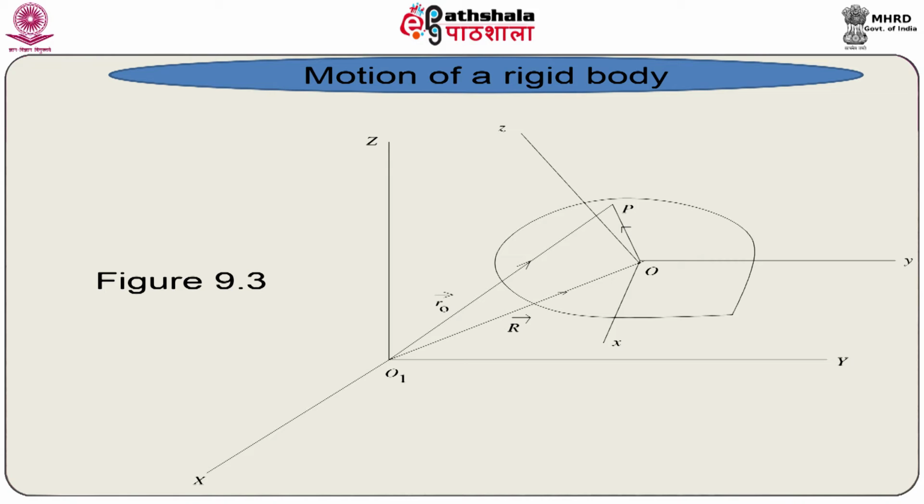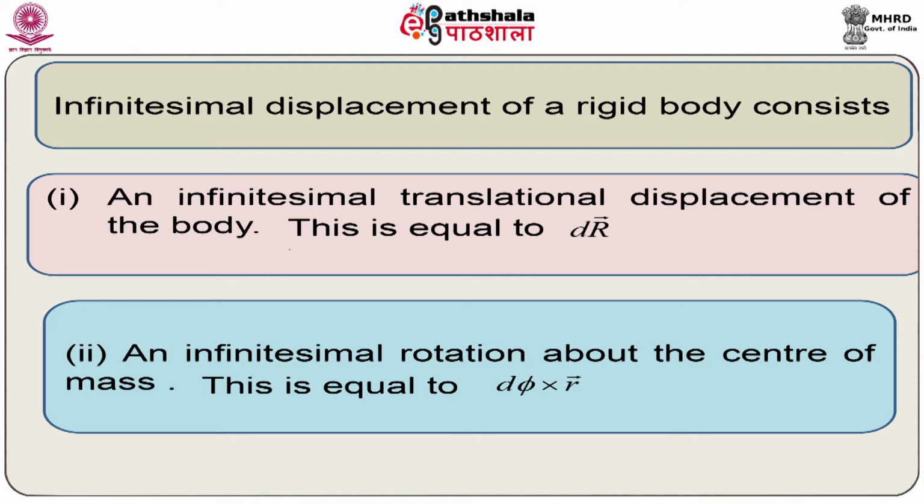Generally we take it. The infinitesimal displacement of a rigid body consists of two parts. First one, an infinitesimal translational displacement of the body, whereby the center of mass moves to the final position with the direction of the body axis system remaining unchanged, and this is equal to d capital R vector.